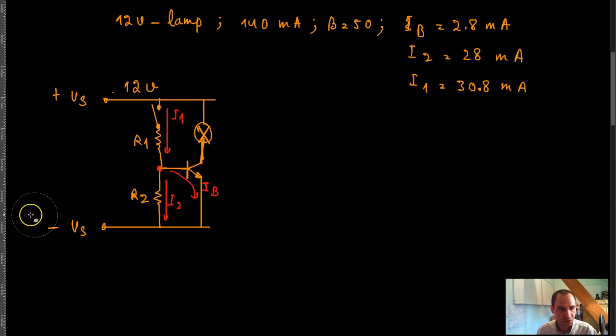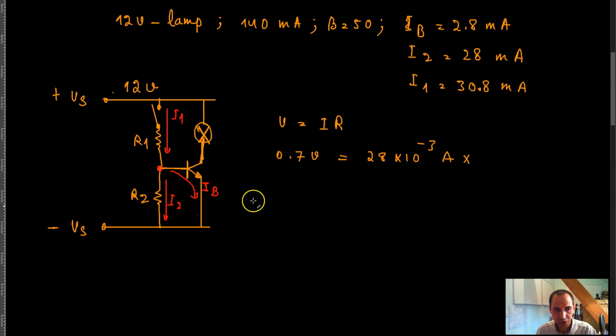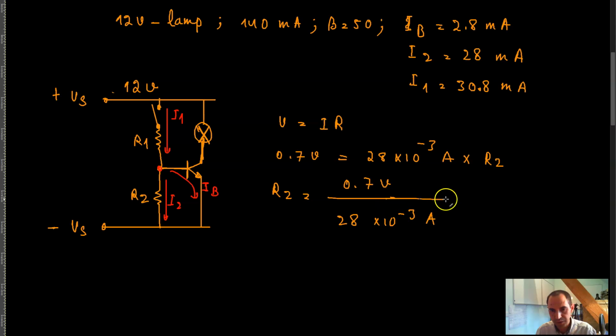And since we have the currents required, we can calculate the value of these resistors. The value of R2, for example, if I apply Ohm's law to this resistor, is the voltage across this resistor, which is 0.7 volts, equals the current through it, which is 28 into 10 raised to the power negative 3 amps, times R2. Which is basically R2 is equal to 0.7 volts divided by 28 into 10 raised to the power negative 3 amps.